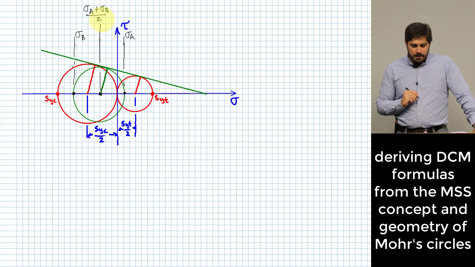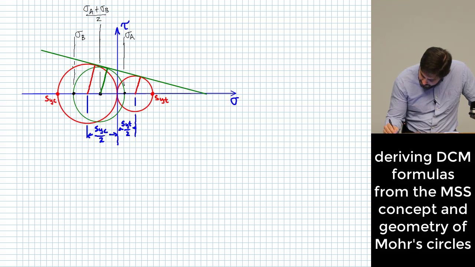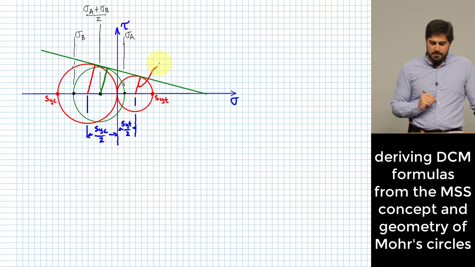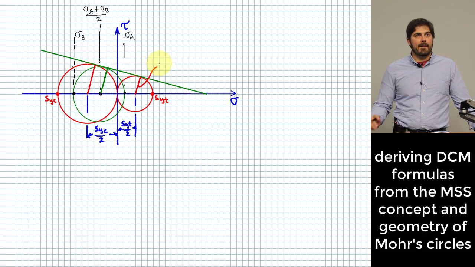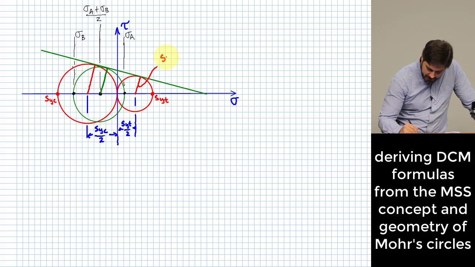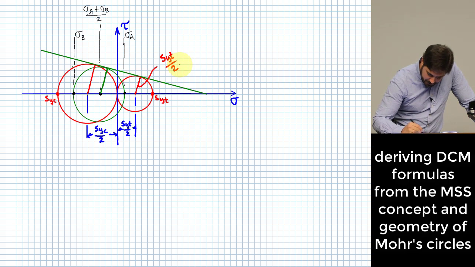Okay? Let me put some other things on here as well. What is the magnitude of this radius right here? Right, it's S sub yt over 2. What about this radius over here?